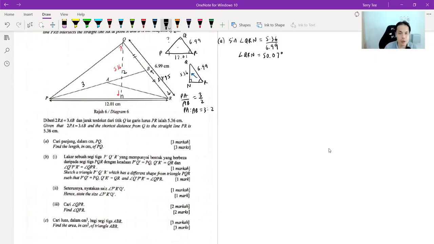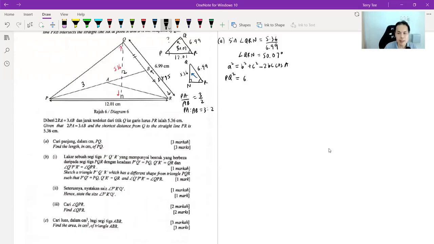This is 50.07. Remember, cosine rule works this way. If you're finding the length of the opposite side, which is A squared, it is B squared plus C squared, the other two sides squared and added together, minus 2BC cos A. Yeah, this is the formula for cosine rule. Now my A is PQ. I square it.